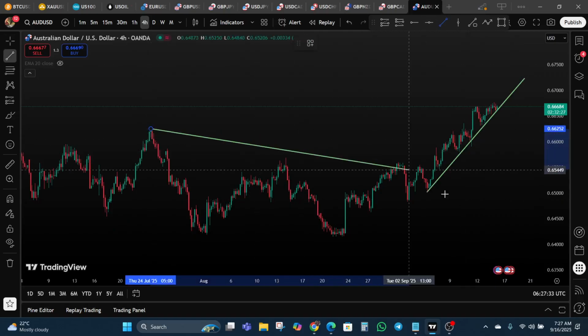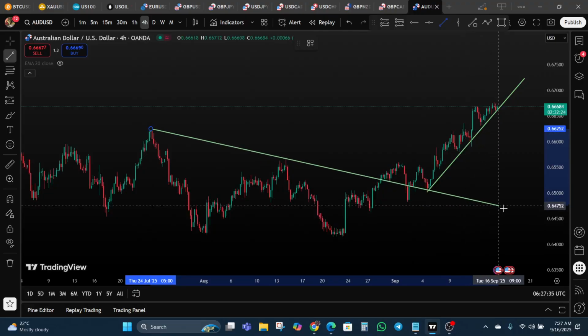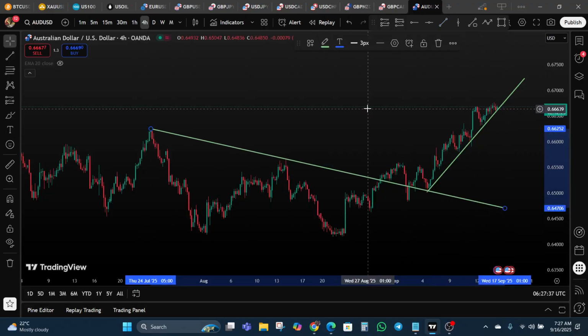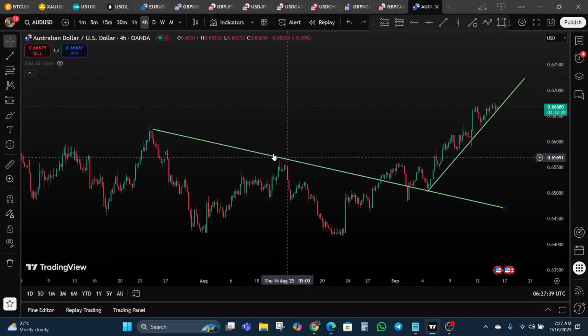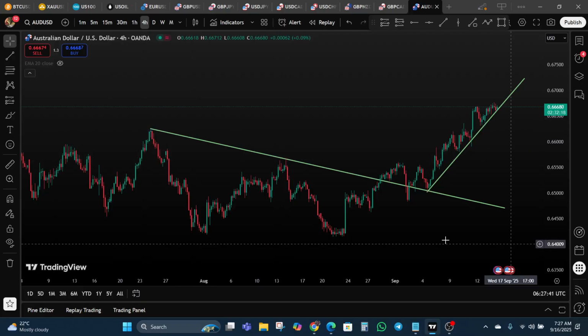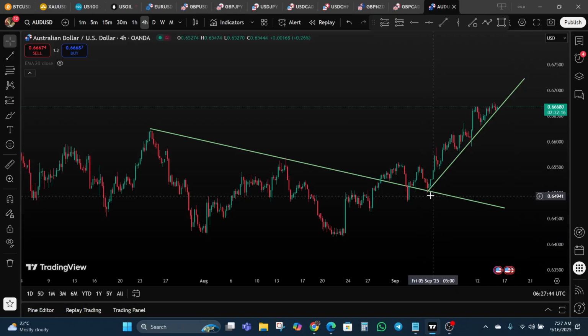You just connect your highs and your lows. You can see here I connected these two highs. That gave me this trend line. You can see that it was respected here. Here I connected these two lows. You can see it was respected here. It was even respected here as well. So this helps you recognize where the market might turn.